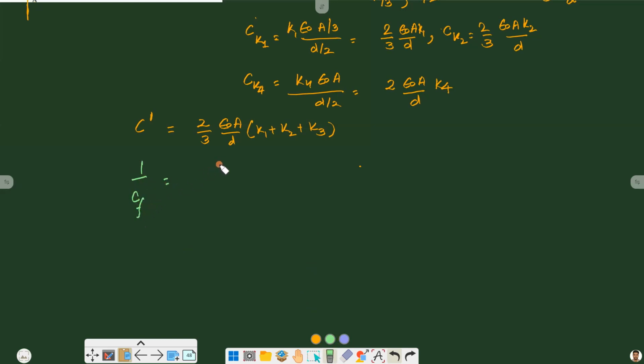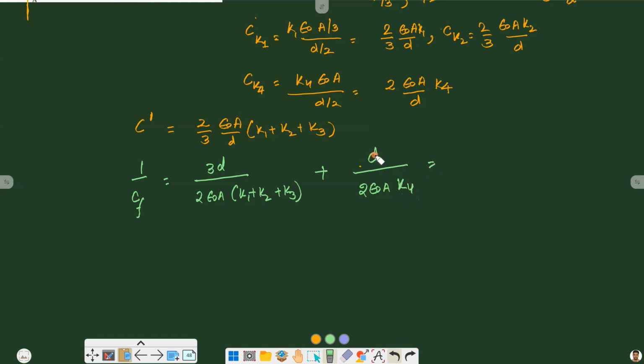So 1 by CF will be 3D by 2 epsilon node A, K1 plus K2 plus K3, plus for this D by 2 epsilon node A, K4.